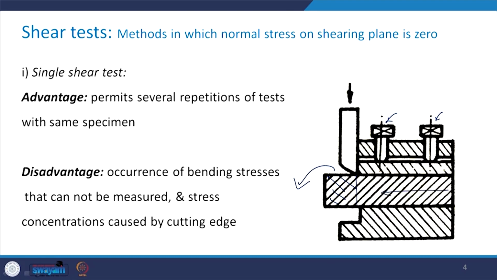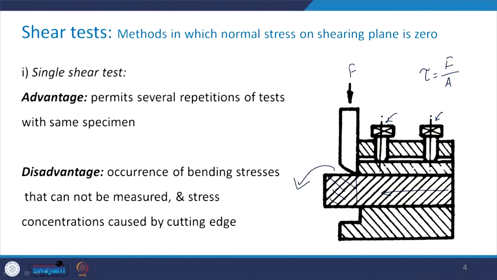So, again with the same specimen I can conduct the second round of the test and find out another value of tau, that is F upon A on the same specimen. So, the advantage of this test is it permits several repetition of the tests with the same specimen.